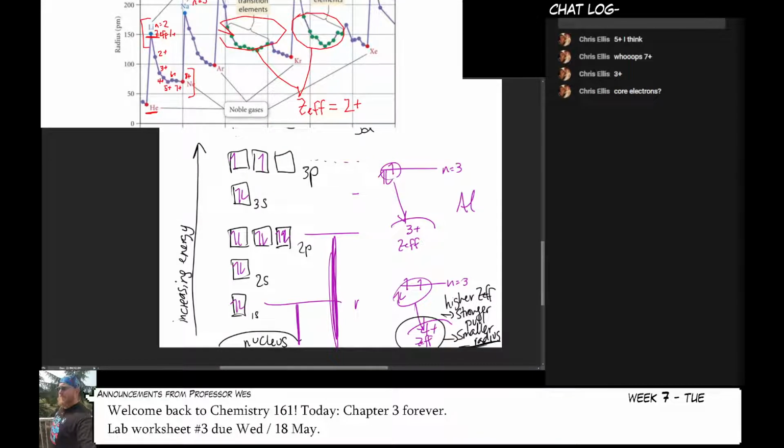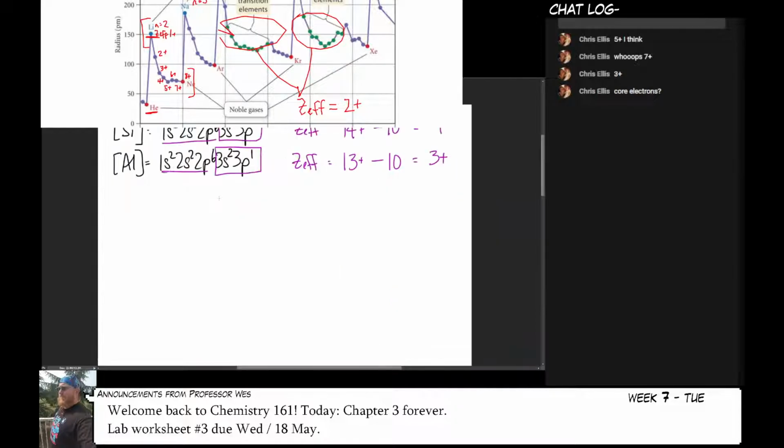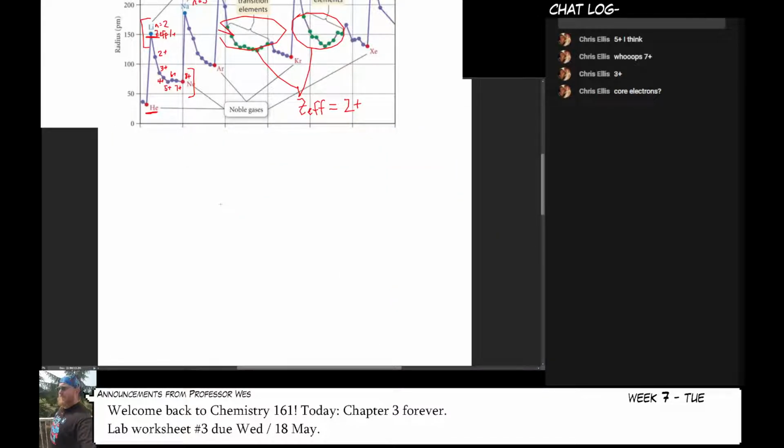I don't want to draw on this image anymore. For whatever reason, drawing on pictures makes PowerPoint freak out. So let's go back over here. I'm going to pick Z effective for 2 elements. And let me grab my periodic table here. So I pick 2 elements that don't have exceptions to them. We're going to look at vanadium and chromium.